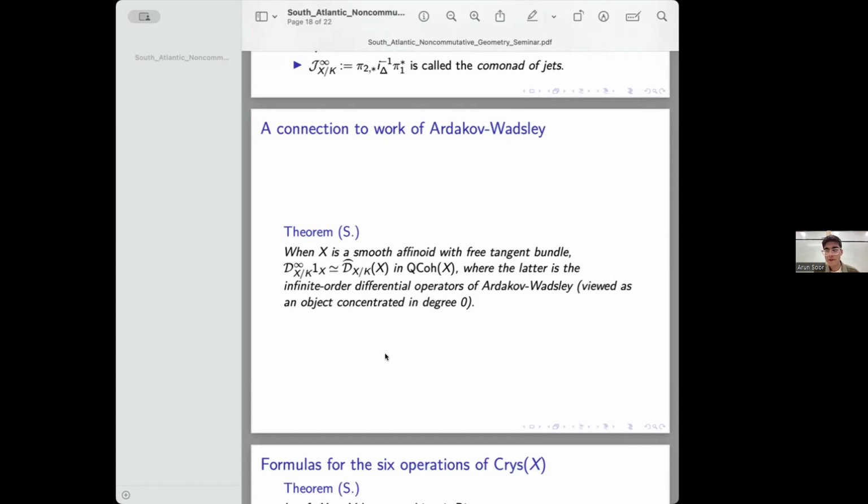So it should be possible to generalize this to smooth rigid spaces by gluing. But this is the case in which I did this calculation. When you have a free tangent bundle, it's just much easier to write down formulas and things like this, like étale coordinates and so on.